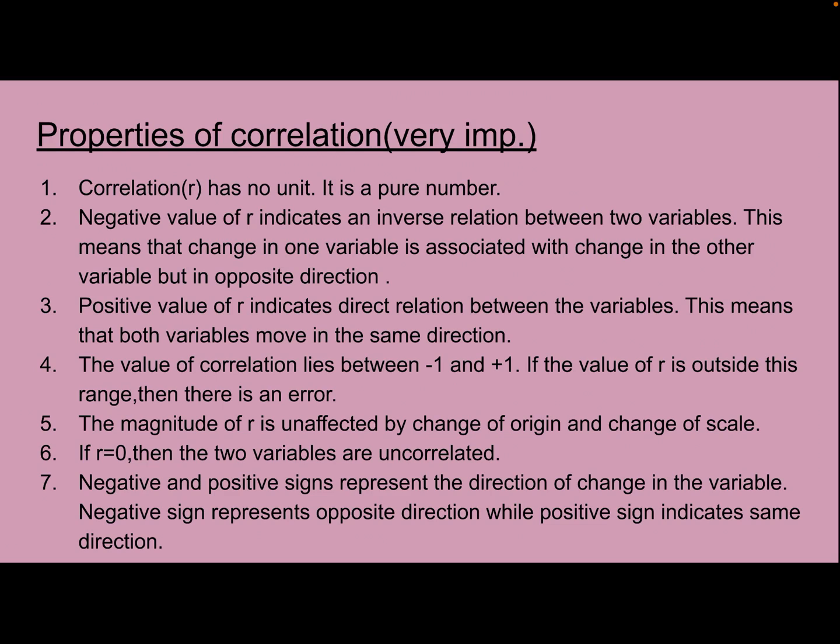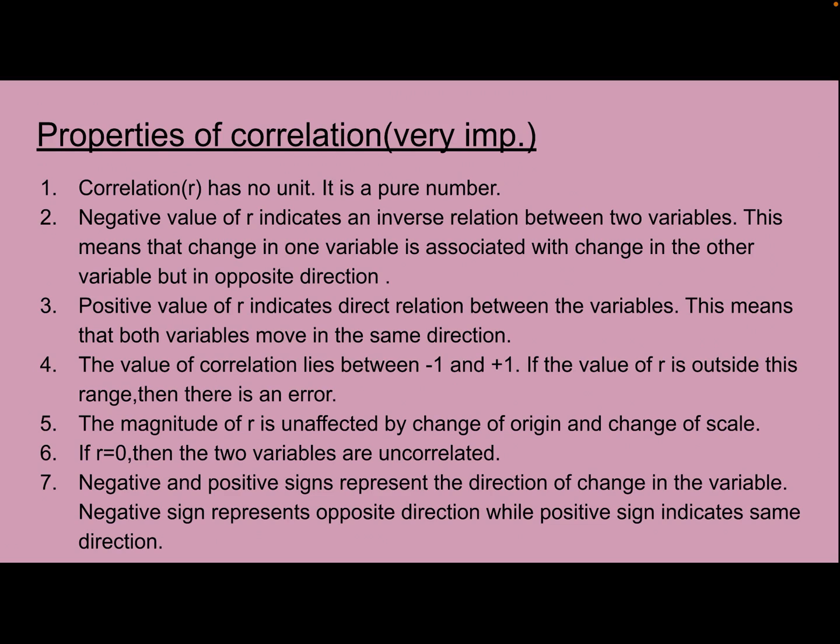Second, negative value of r indicates an inverse relation between two variables. This means that change in one variable is associated with change in the other variable, but in opposite direction. Students, if you remember in the previous video, we talked about 2 types of correlation, positive and negative.